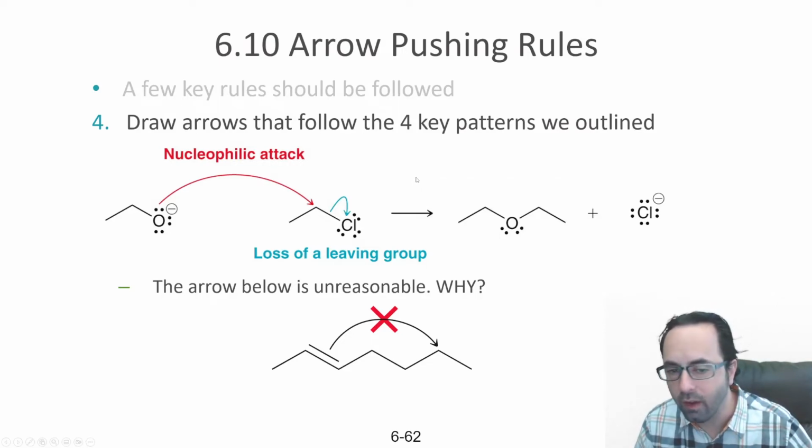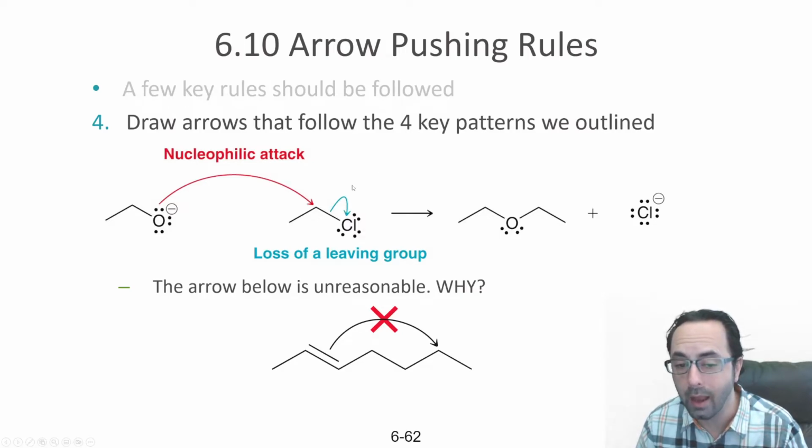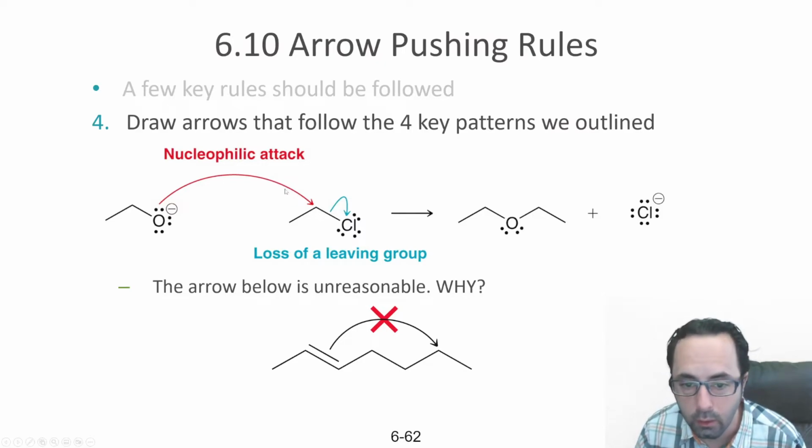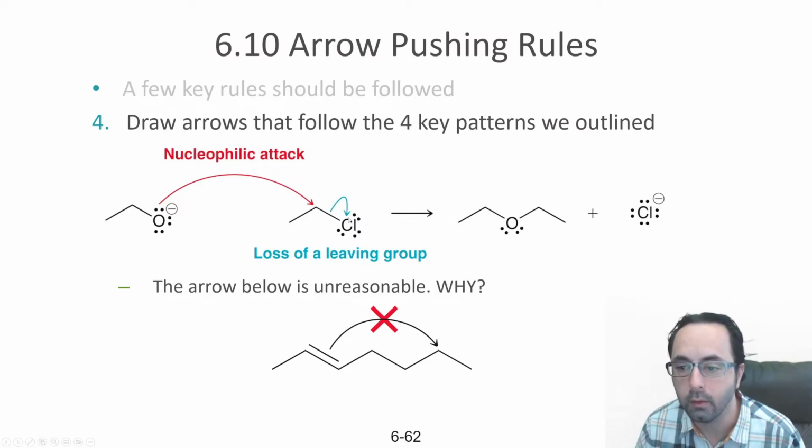So we had 5 patterns for resonance. We have 4 patterns for reaction mechanisms and these arrow pushing rules: nucleophilic attack, loss of leaving group, proton transfer, and rearrangement. This is a nucleophilic attack, this is a loss of leaving group. Those are arrows that work.